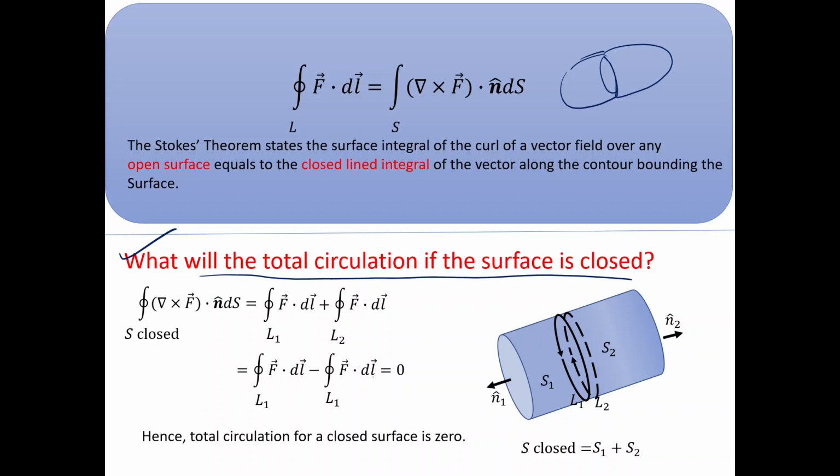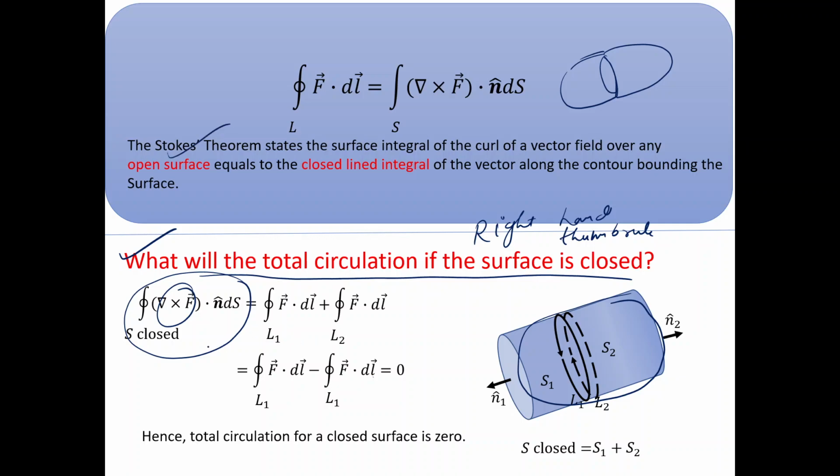Now in that case, we apply the right hand thumb rule. Now this is the complete closed surface. If we take the surface integral of the curl of F over this complete surface, then with the help of Stokes theorem, it will be transformed into the line integral.